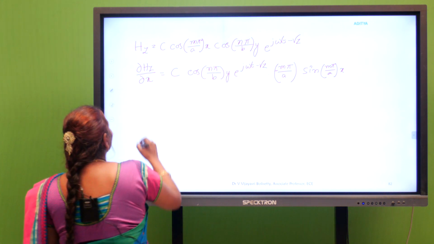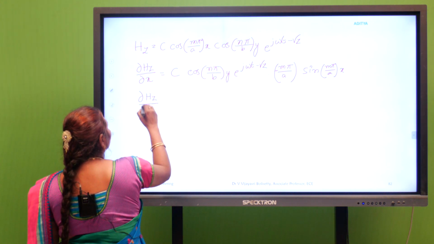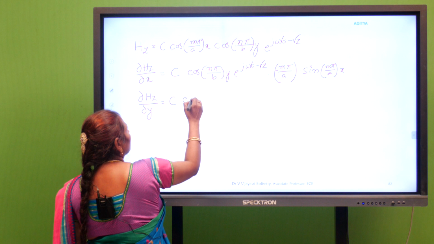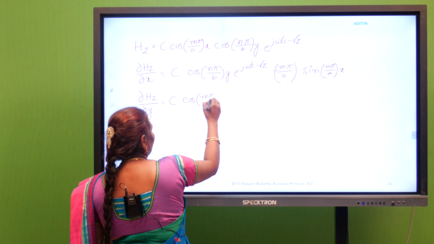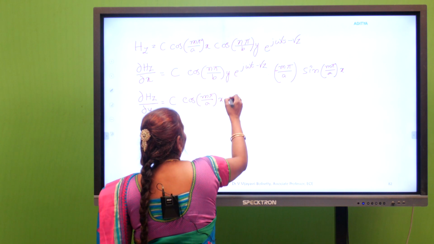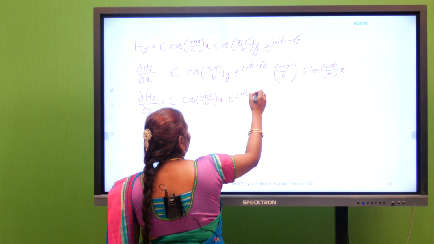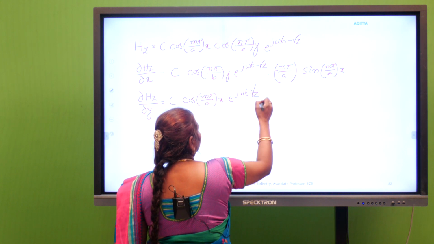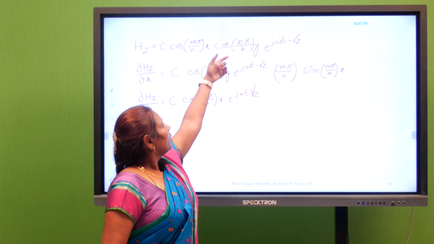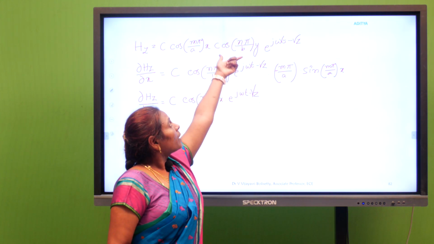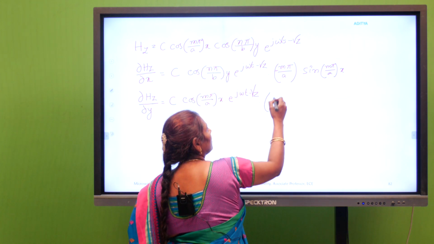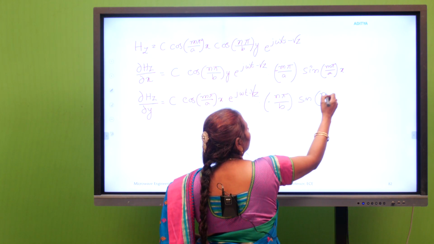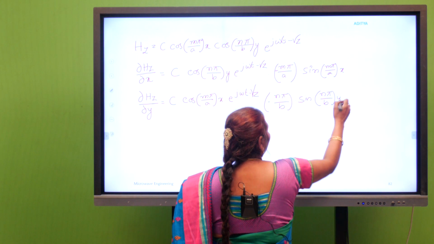Differentiating Hz with respect to y, we get C cos(m pi by a x) e power j omega t minus gamma z into the differentiation of the cos term, that is cos(n pi by b y) becomes minus n pi by b into sin(n pi by b y).